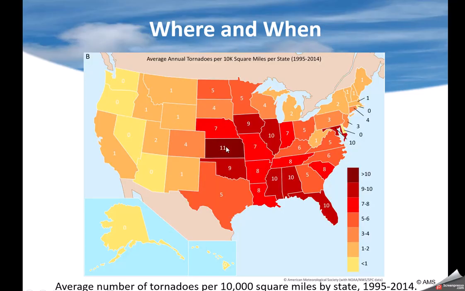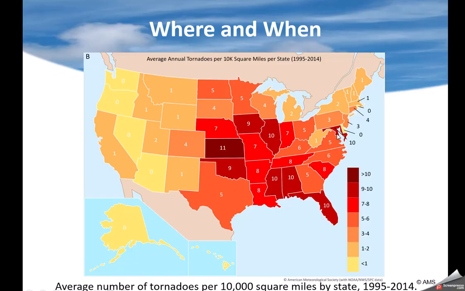I wanted to use this one. This is per 10,000 square miles, how many tornadoes you get on average each year. So if you think about it, you're keeping everybody the same instead of the number of areas per state. And some of the states are much bigger than others, but Kansas actually gets the most per area. West Virginia does, only average one.